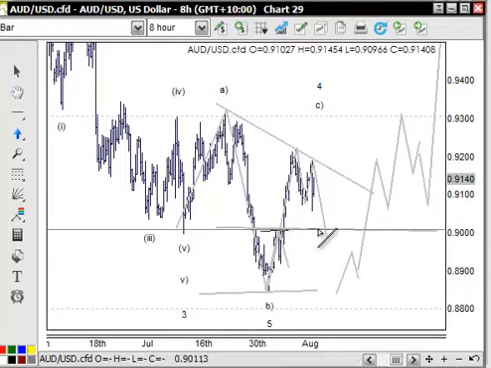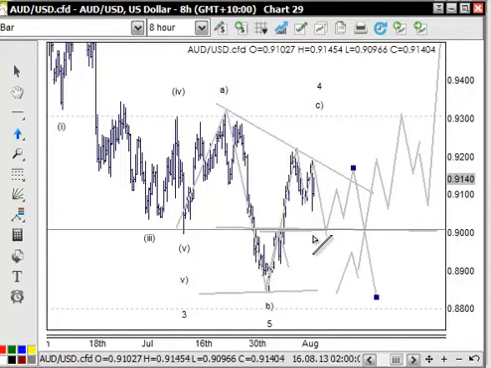So overlapping this 90 here and this wave 1 up here would confirm that. So an A, B and a C here for wave D, and then an E wave back up to here and then down through here. So once again, a little bit like the euro, we're still waiting for this to unfold through here.